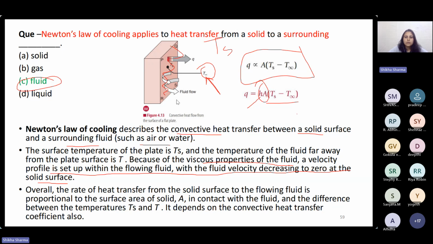It will be zero at the solid surface, so here at the solid surface the velocity of the air is zero. Here the temperature is the same as Ts, the surface temperature. So overall heat transfer will be from this solid surface.